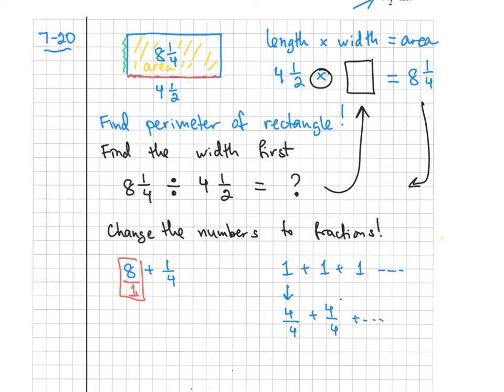That's why I'm doing that. Or the shortcut is, I know there are 8 groups of 4/4, so that really becomes 32 quarters. Or some might think of it as multiplying by 4 here and by 4 there. That's the short way of doing it.